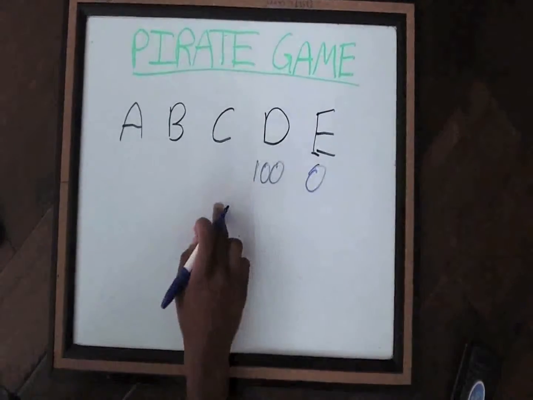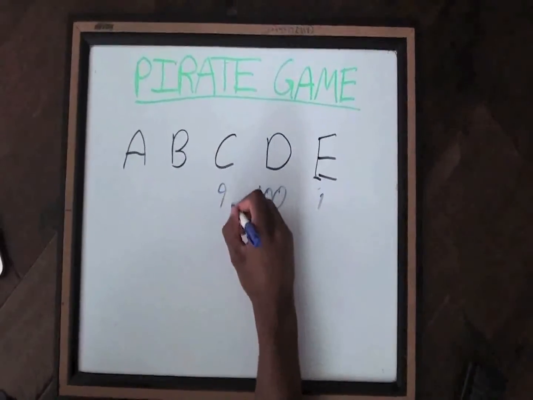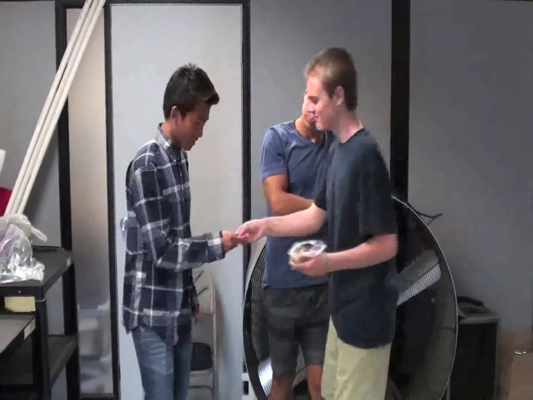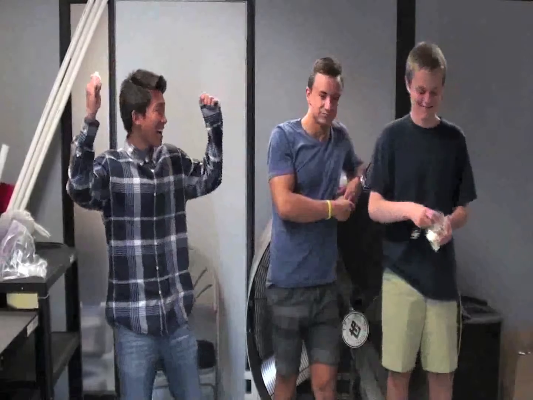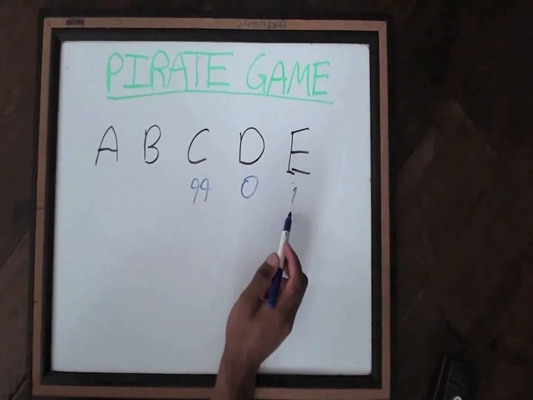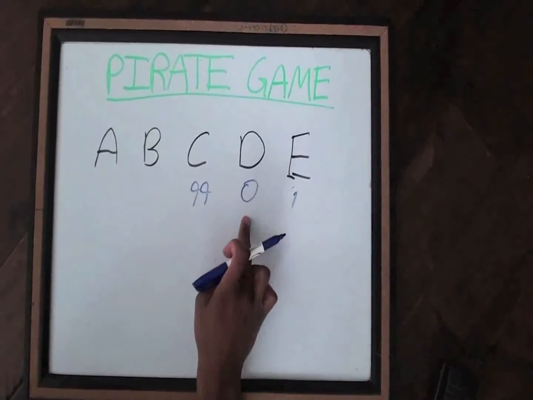Knowing this, Pirate C would only have to offer E 1 coin and keep 99 for himself. Since E would have originally gotten none in the original transaction, E will side with C, and this 2-man vote will keep D in the minority and C on the ship.